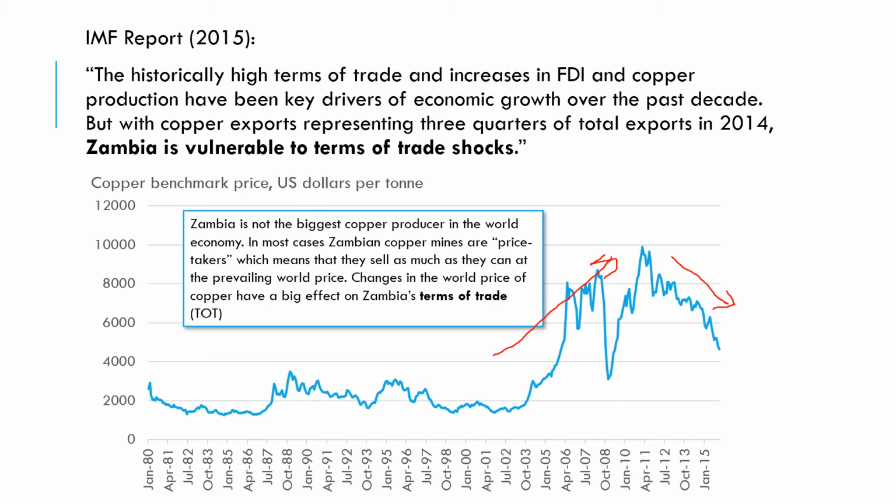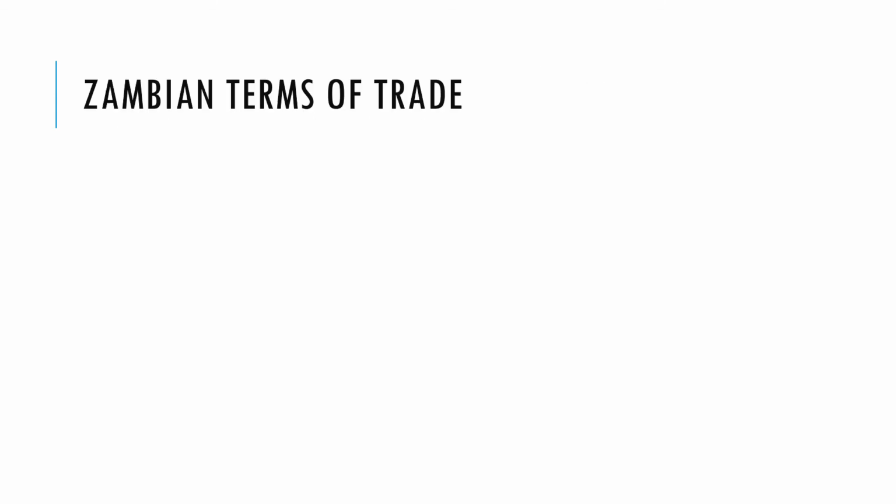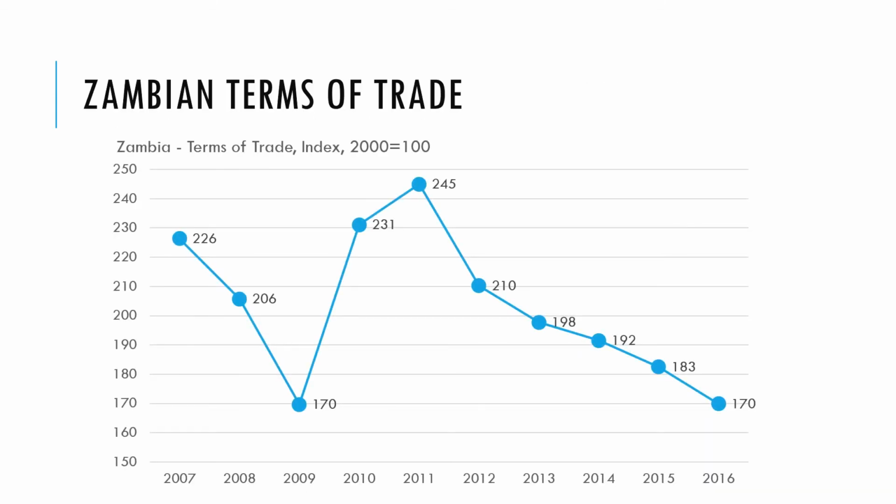This little graphic illustrates that Zambia was a price taker in terms of copper, and so changes in the world price of copper would have a big effect on Zambia's terms of trade. So here is Zambia's terms of trade, and we can see the index decreasing as copper prices have fallen, and the index of export prices has fallen over time.